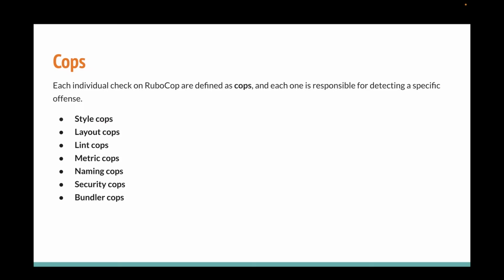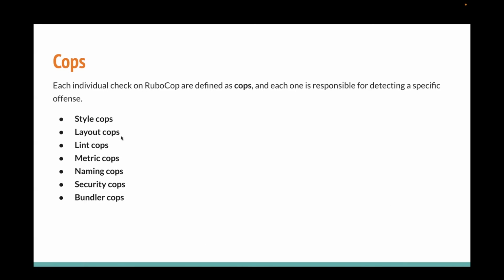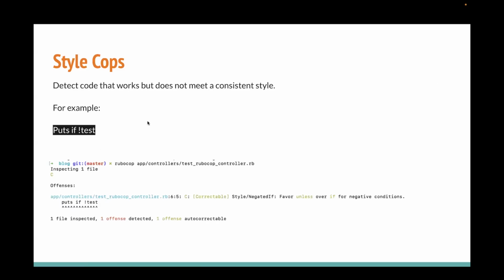Cops are the individual checks in Rubocop, and each cop is responsible for detecting specific offenses. Here I have tried to cover most of the cops in Rubocop, and I'll explain each of them individually. Let's start with the style cops. Style cops generally detect code that works but does not meet a consistent style.